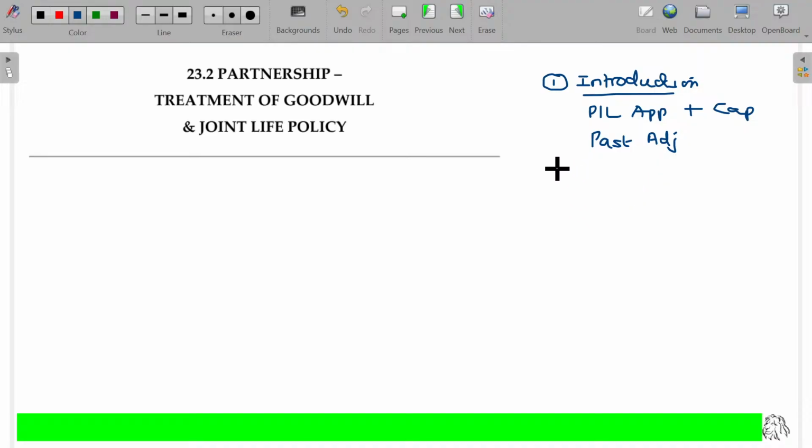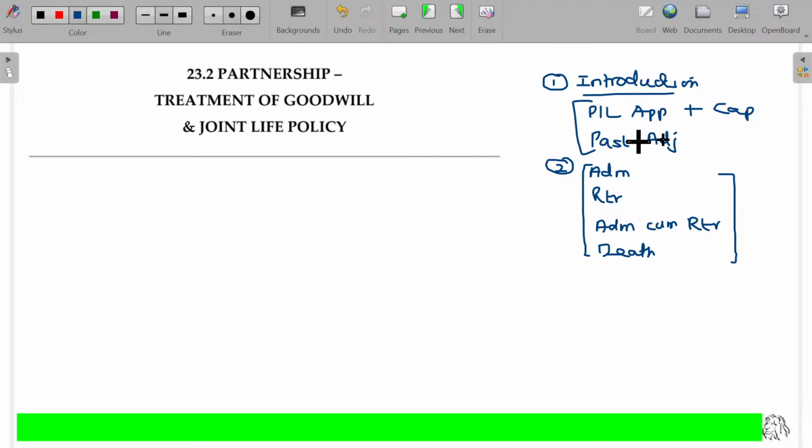The second part is all about reconstitution of the partnership firm: admission, retirement, one partner is admitted and another partner is retiring, and death of a partner. This is the second set, reconstitution of firm. Hope you are clear with the first component. Even advanced illustrations we have discussed. We started with the concepts and then moved to advanced illustrations.